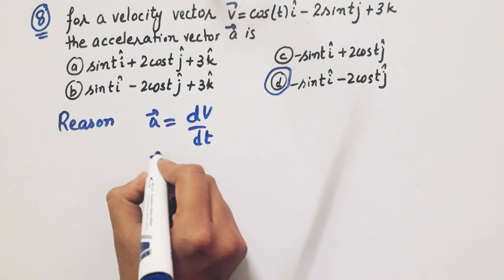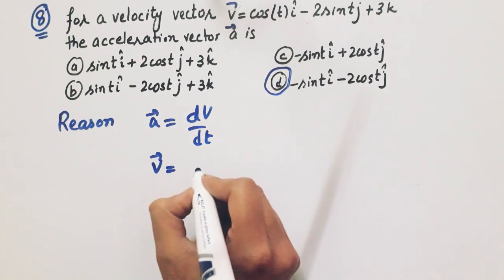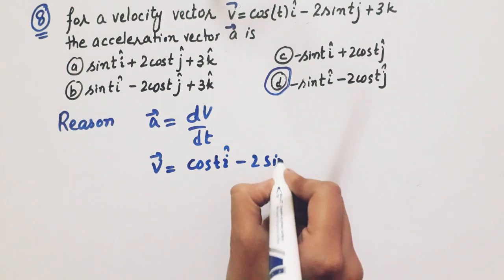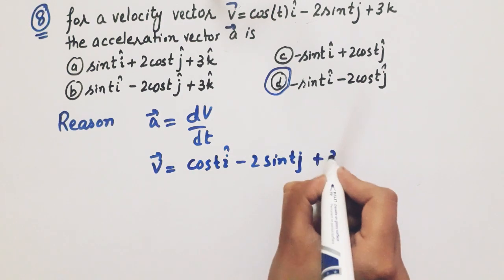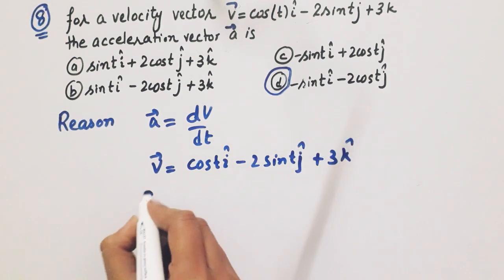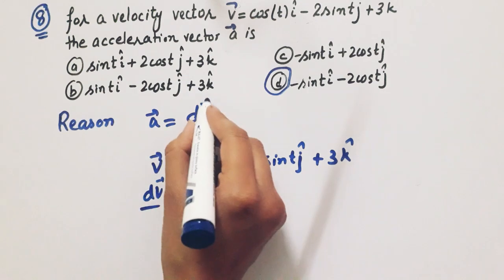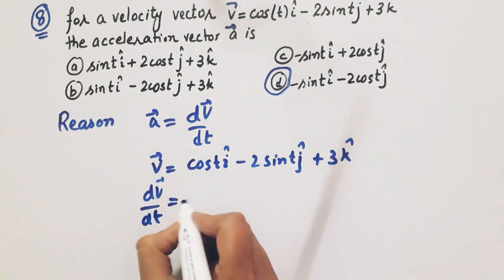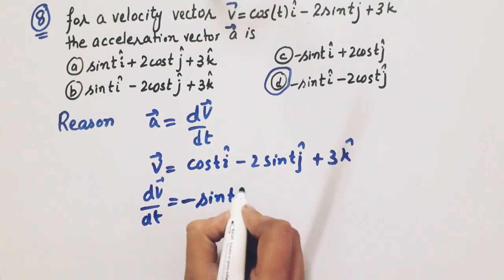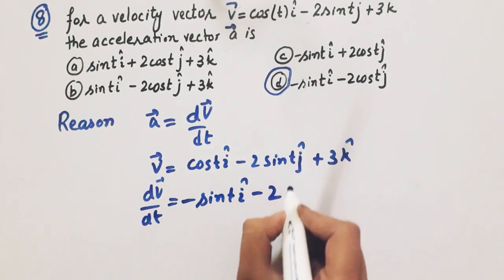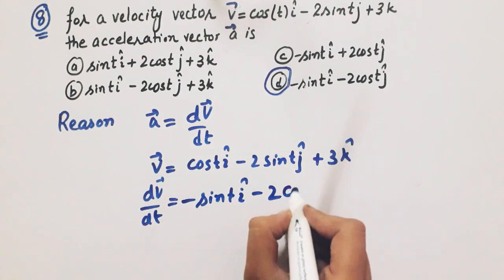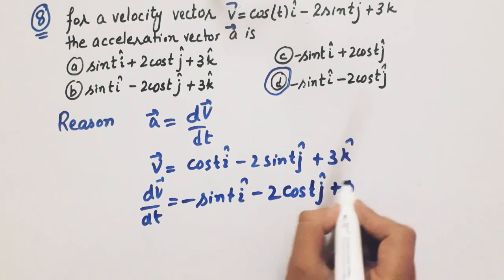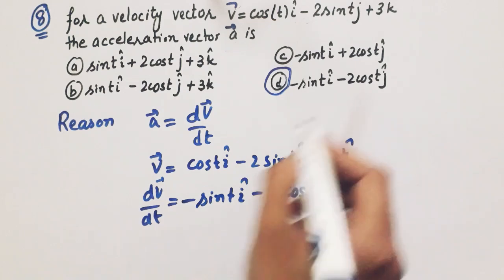We will differentiate vector v with respect to t. So cos t i minus 2 sin t j plus 3k is the given vector. Differentiate this with respect to time. So cos t becomes minus sin t i, and minus 2 sin t becomes minus 2 cos t j, and 3k becomes 0. So this will be the right option.